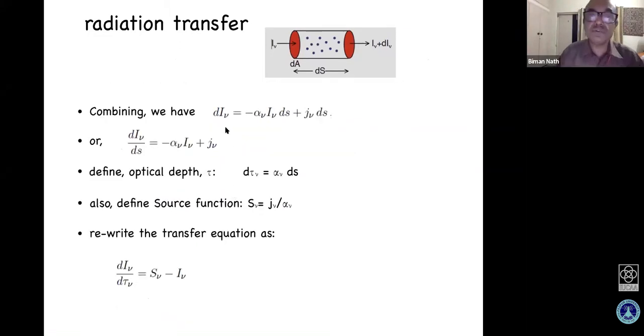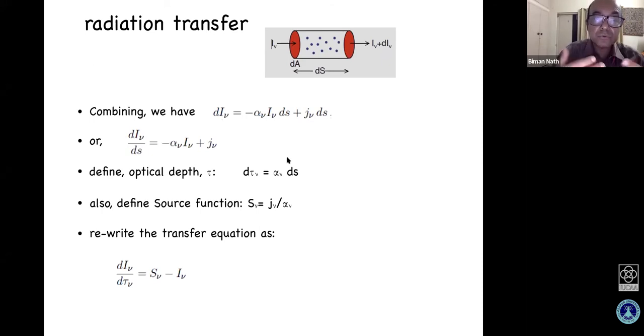Combining these two terms, I have an equation which tells me how the specific intensity is going to change as it passes through intervening media. This term is because of the radiation from the intervening media, and this is because of absorption. I can then take the ds out, and this is a differential equation. This is the basic equation of radiation transfer.